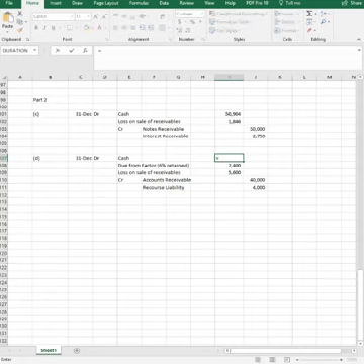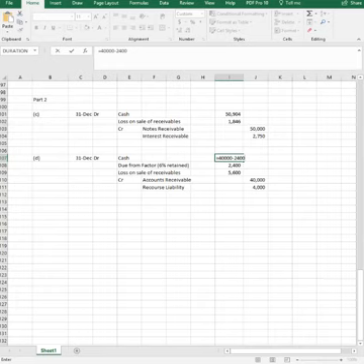We should have 40,000. Well, it's a balancing figure. It's the amount of cash we get. So we get 40,000 minus the 2,400, because they're not going to pay us for that until later.